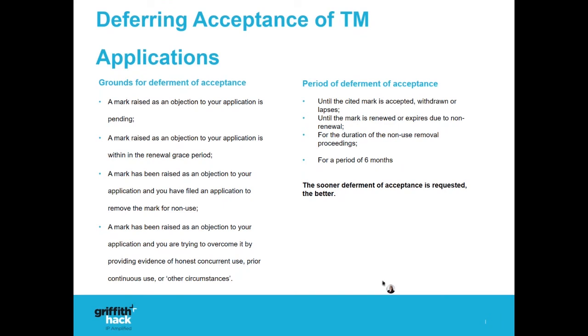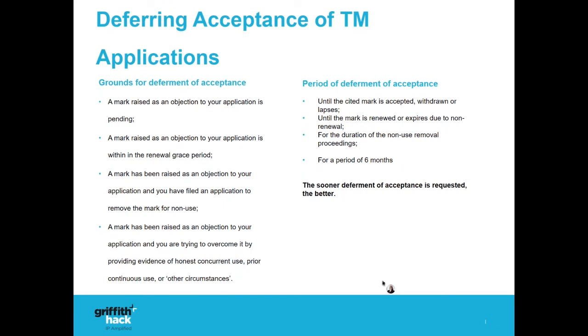On the other hand, it is possible to defer the acceptance of your application on more than one of these grounds. So let's say, for example, you've had 4 or 5 prior marks raised as an objection to your application. One of them is pending and one of them is in the renewal grace period. You can defer the acceptance based on the cited mark that's pending. When it's accepted or it's withdrawn or lapses, the deferment will terminate.